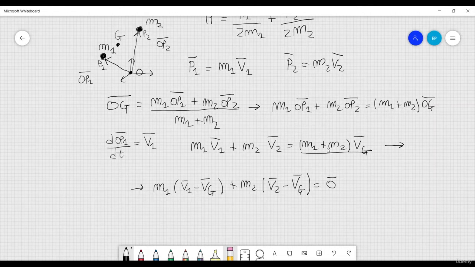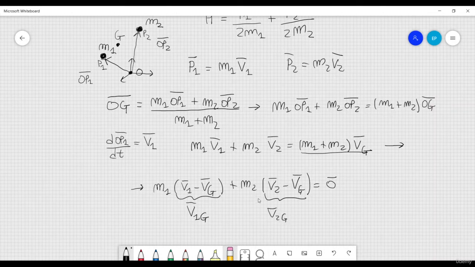Now, this quantity here is the velocity of the first particle, from which I have to subtract the velocity of the center of mass. So it means that this is the velocity of the first particle with respect to the center of mass. I can label it like this: v1G, and this is v2G.